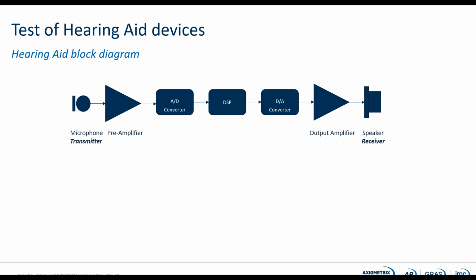So we have an A to D converter, and then a DSP, a digital signal processor, and it's here you are doing the signal processing, having higher signals at some frequencies and lower signals at other frequencies. And then we would like to go to the analog world again. So we have a D to A converter, and an output amplifier for driving the speaker, or in this world, the receiver.